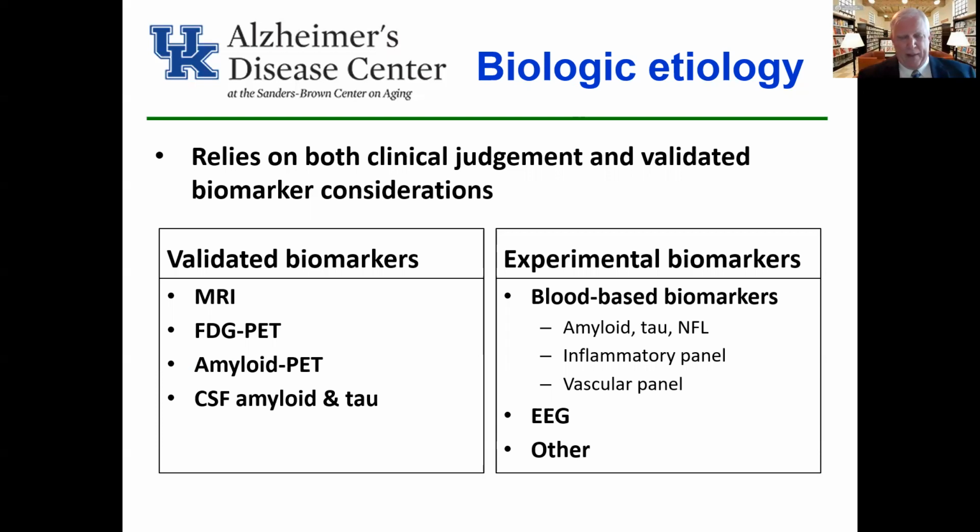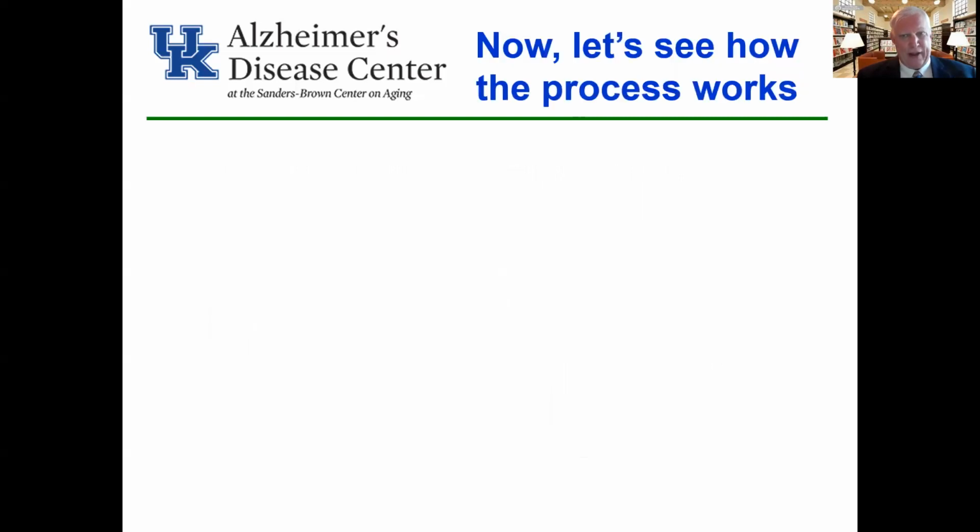They include an inflammatory and a vascular panel. We might see somebody where we have EEG data or retinal imaging or other biomarkers that have been collected. Again, we do not use these to determine etiology because they remain unproven as of yet, but they are food for thought and scientific discussion that can be an important part of the consensus process.